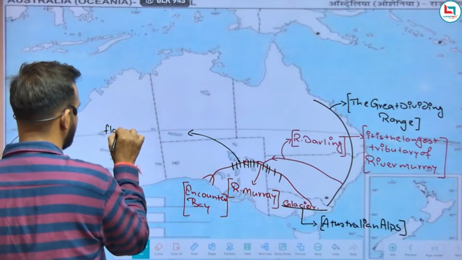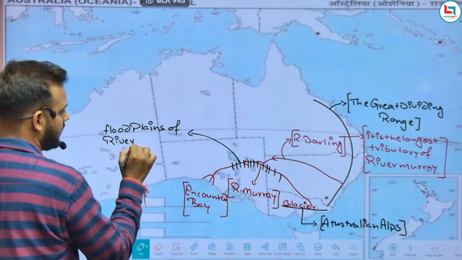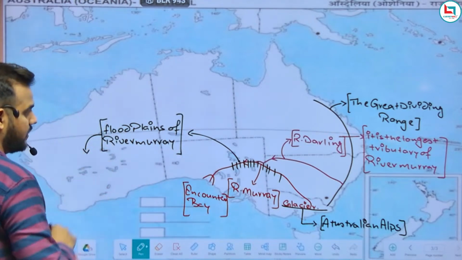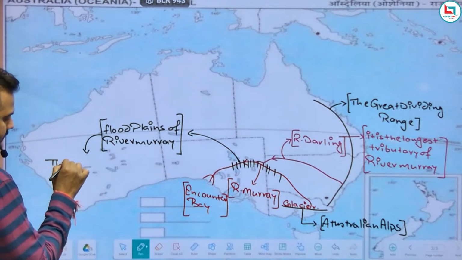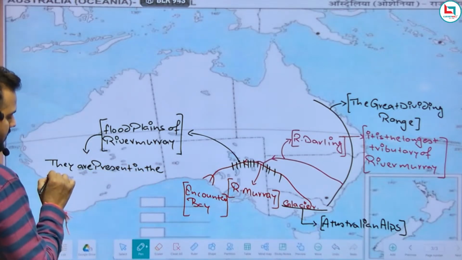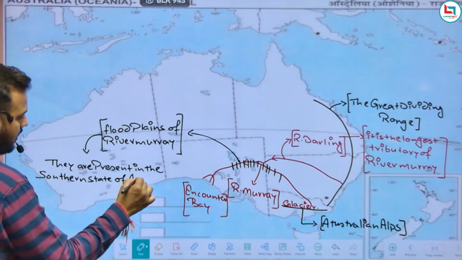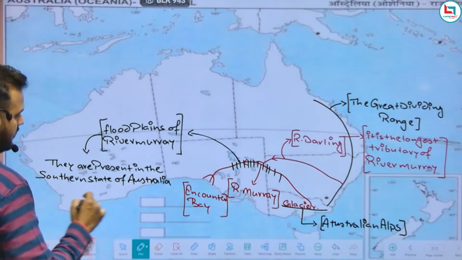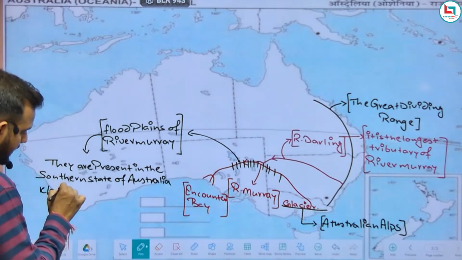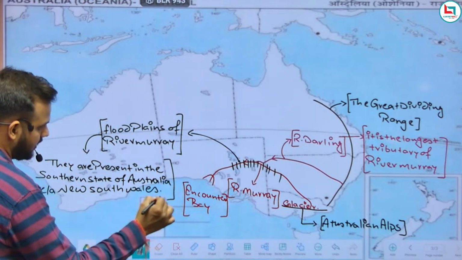These are the floodplains of River Murray, present in the southern state of Australia known as New South Wales.